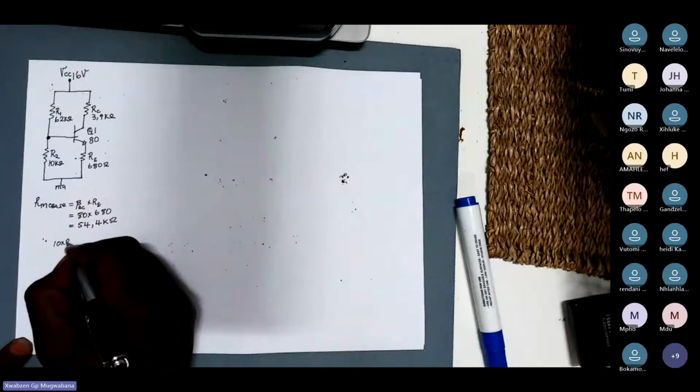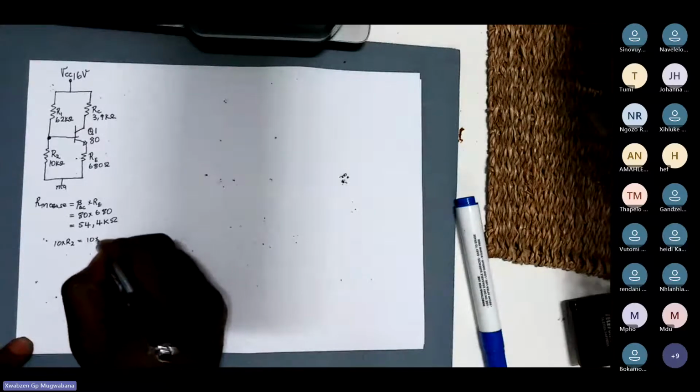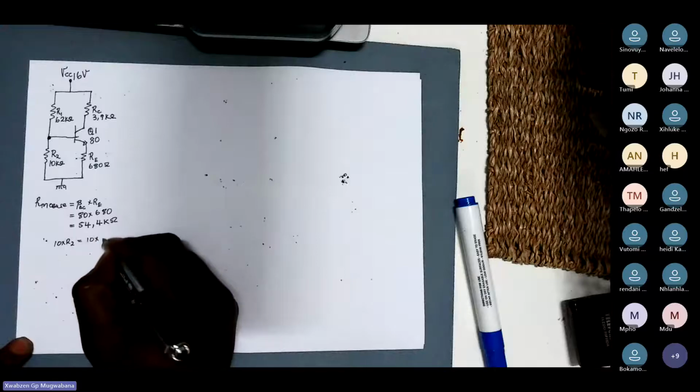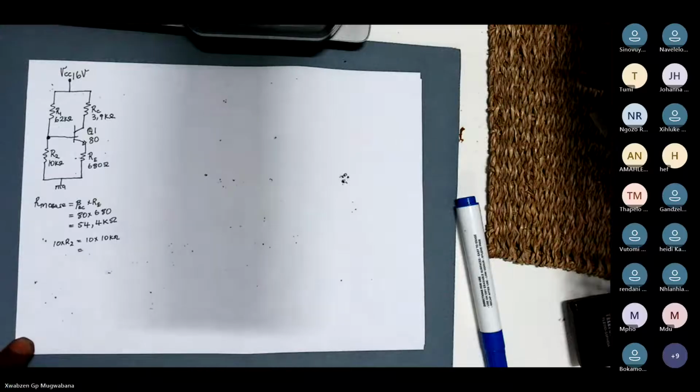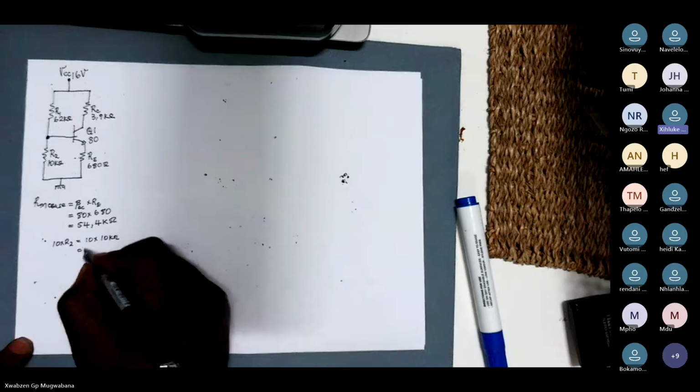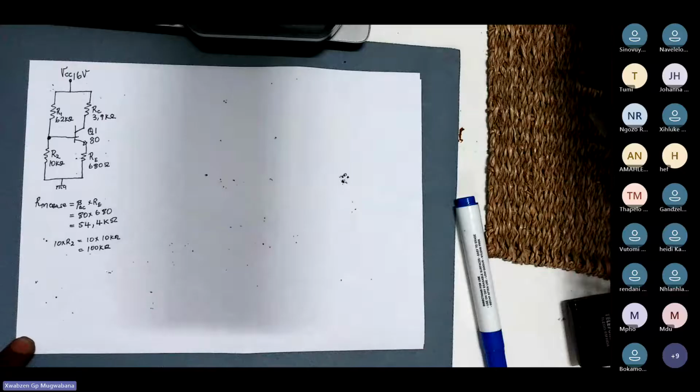Then from there, 10 times R2, which is what? Your R2, which is 10 kilo ohms, which gives you 100 kilo ohms.